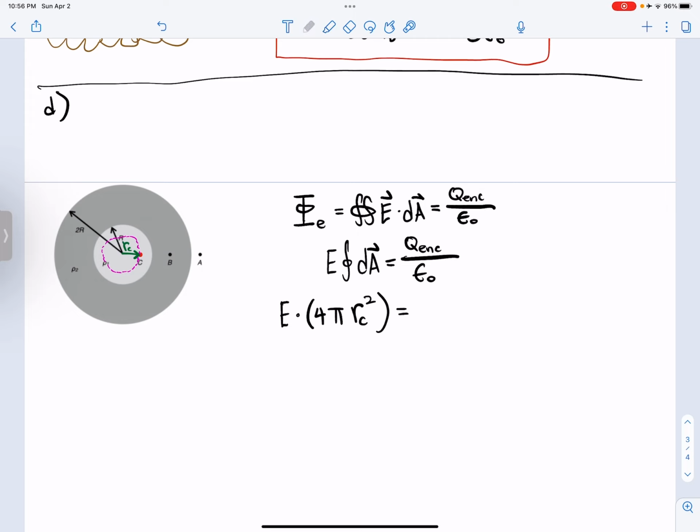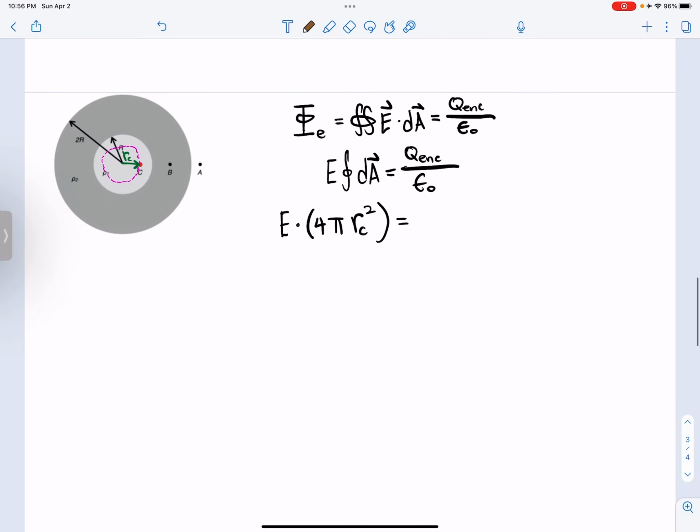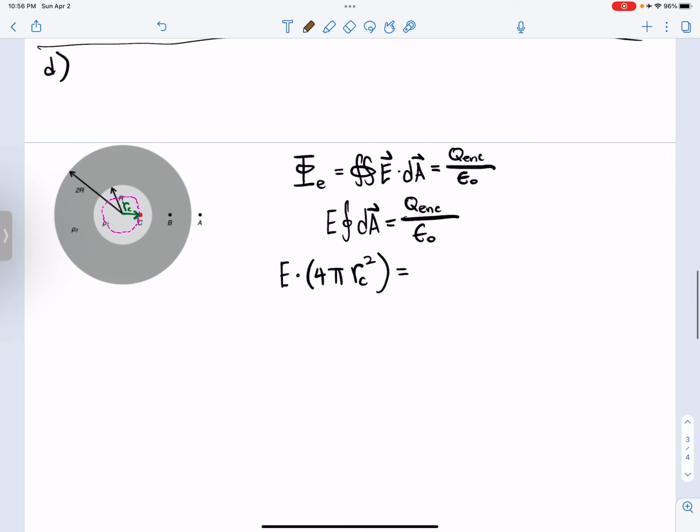What is my Q enclosed? We'll have to solve for that real quick. So Q enclosed will be equal to, what is the charge density here? Actually, it's the charge density in this entire inner surface.